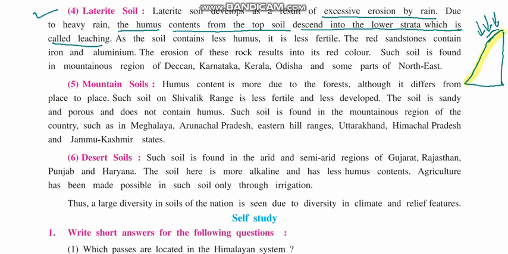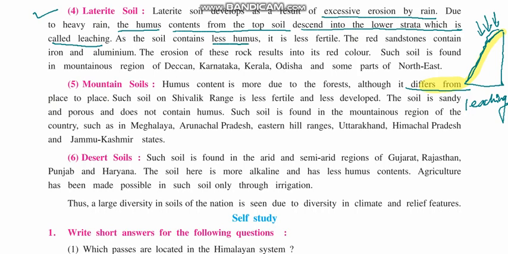As there is a lot of rain, it will take off this yellow color and accumulate it at the bottom of the mountain or any land surface, and this process is called leaching. That is a type of soil erosion, you can say. So this way it is formed due to the excessive erosion by the rain.